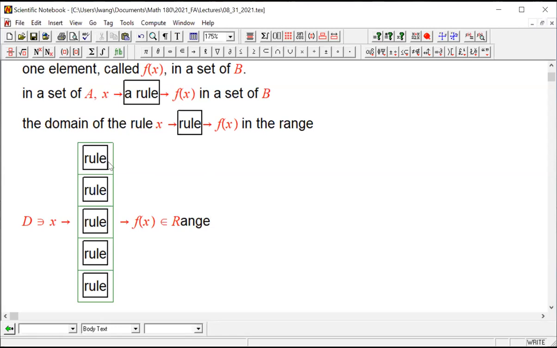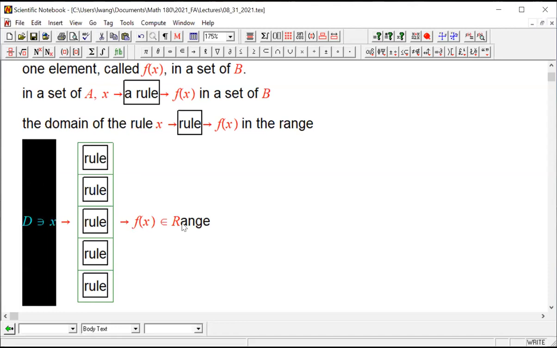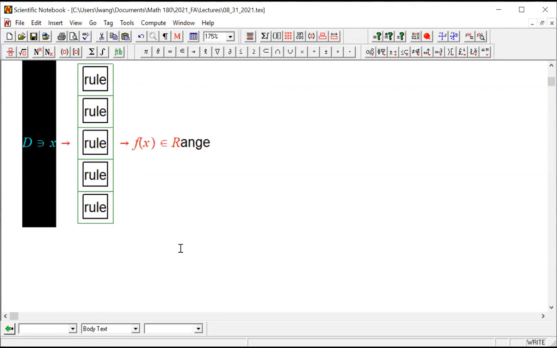For example, there are 22 rules, okay? Rule number 1, right? That rule has its own domain, okay, and it has its own range. And we're going to cover each one. You can see for each one of these rules, they have their own domain, they have their own range.